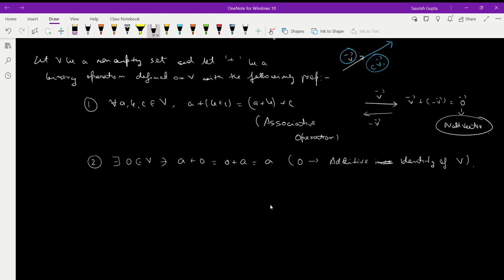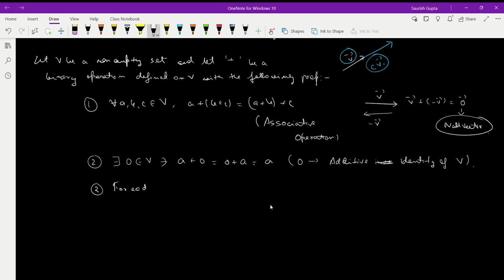It carries similar properties to the 0 we have, and indeed this symbol has arisen from it, but it's merely a symbol to denote an element which has no effect on the element it's added with inside this non-empty set.